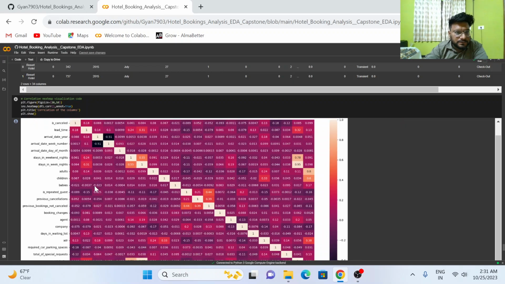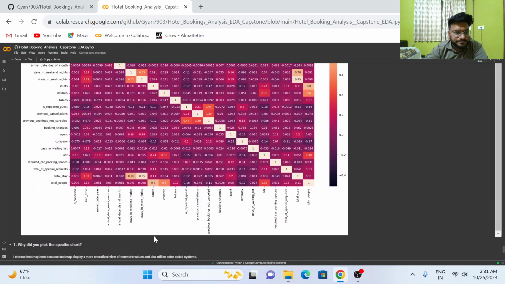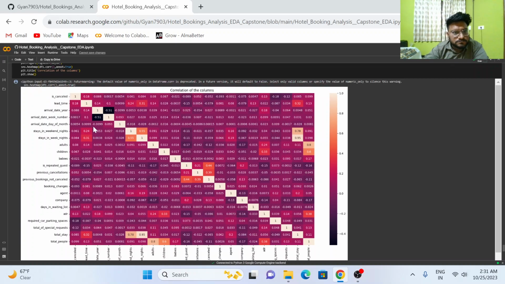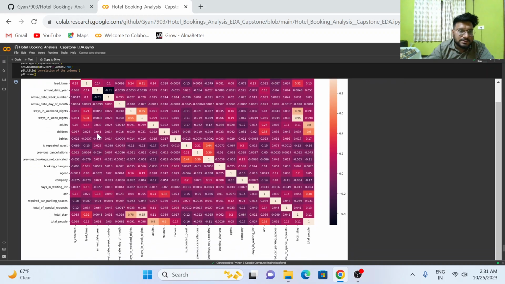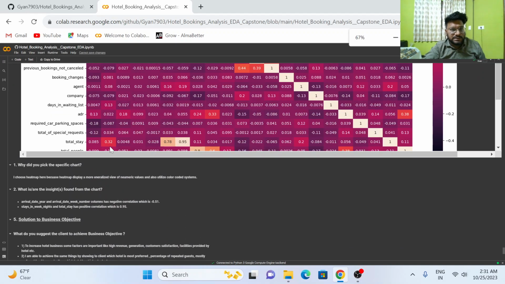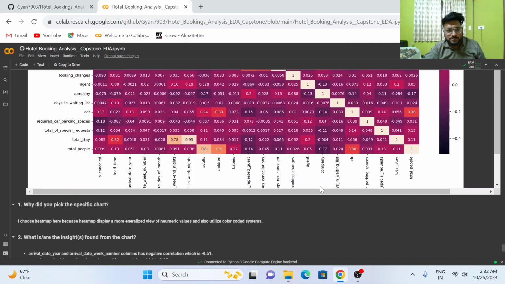Yes, we can clearly see the negative correlation. We should look into here, right? And the stays, okay, it's very small, it's very large.